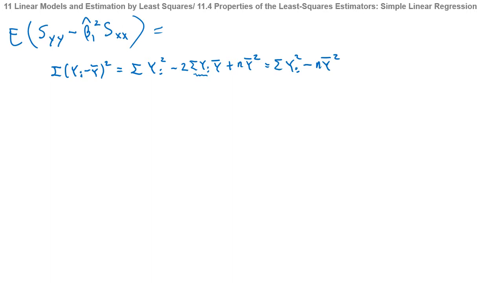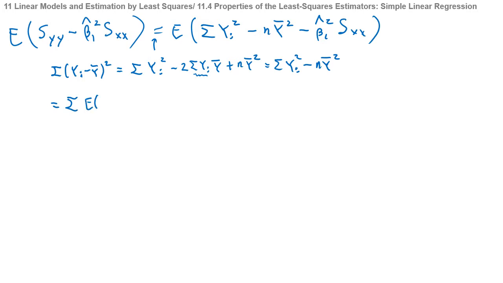So this can be rewritten as the sum of yi squared minus n y bar squared minus beta 1 hat squared SXX. That becomes the sum of the expected value of yi squared, minus n times the expected value of y bar squared, minus the expected value of beta 1 hat squared times SXX.